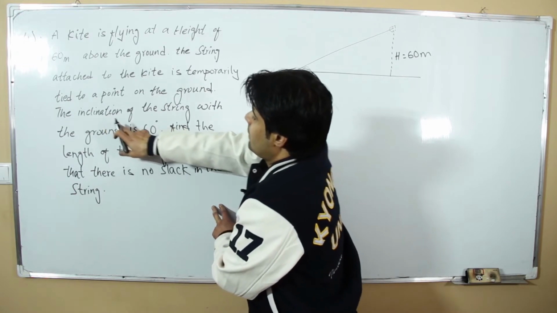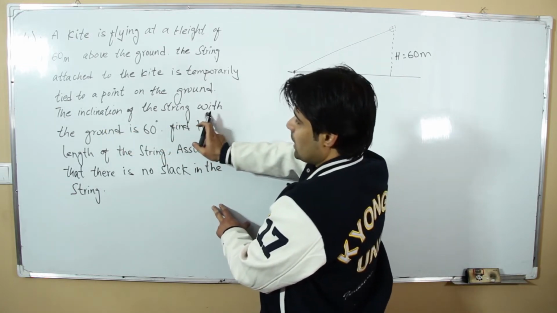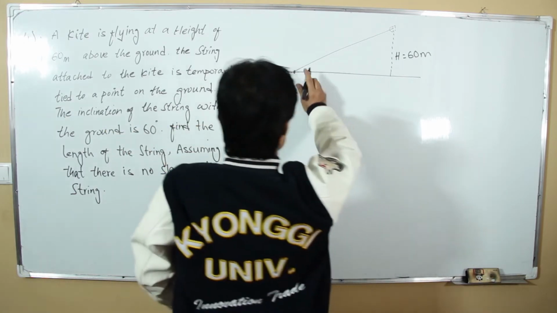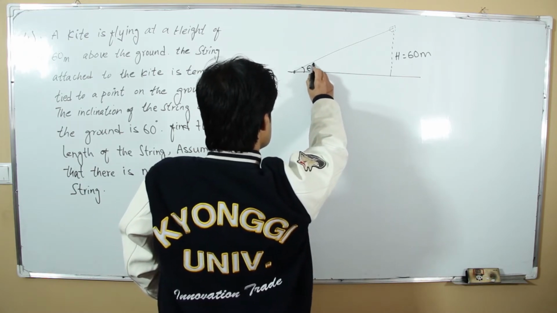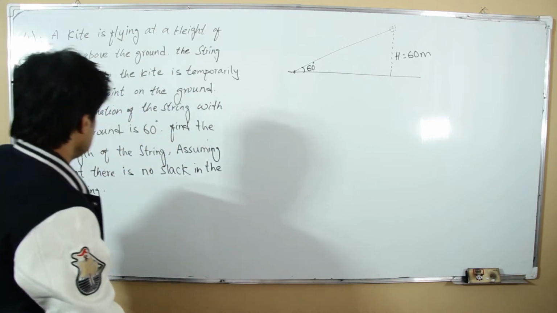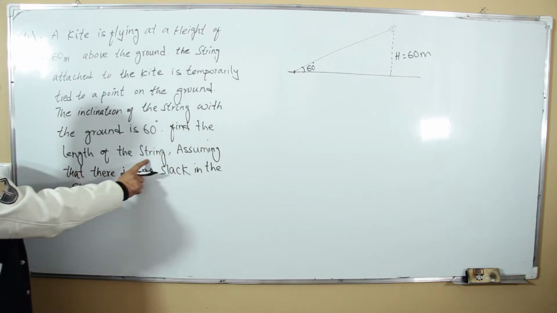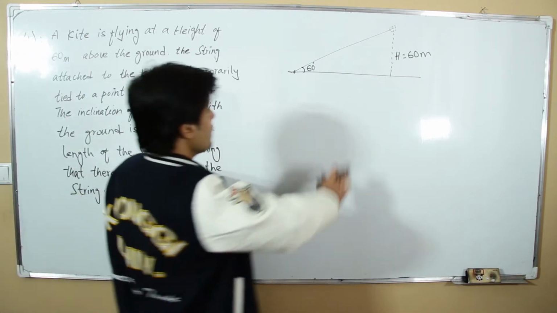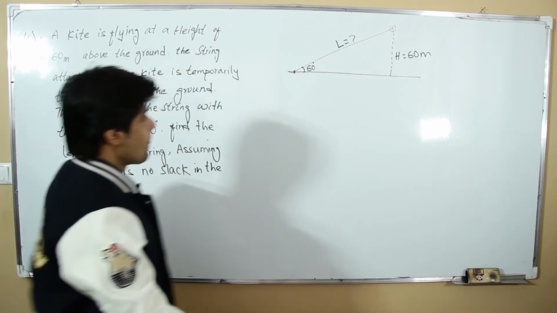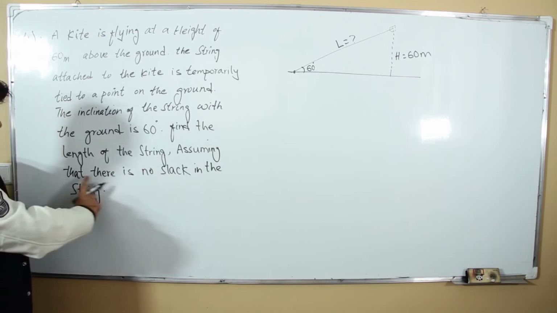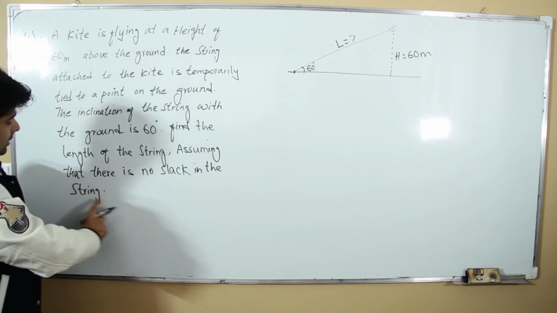The inclination of the string with the ground is 60 degree. This is our inclination degree and it is 60. Find the length of the string. This is the length, L. You have to find this one, and assuming that there is no slack in the string.